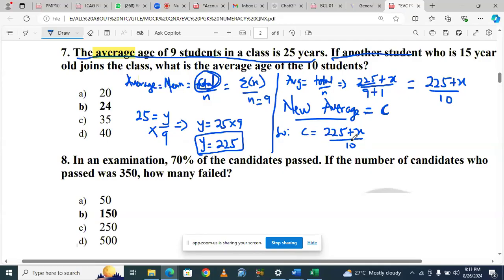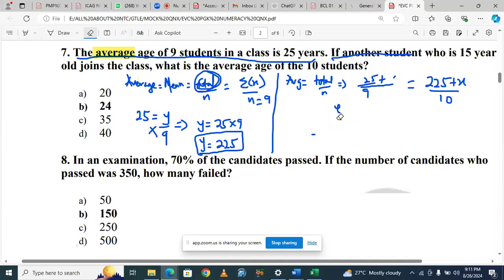Let me try and simplify it for you and go over it again.